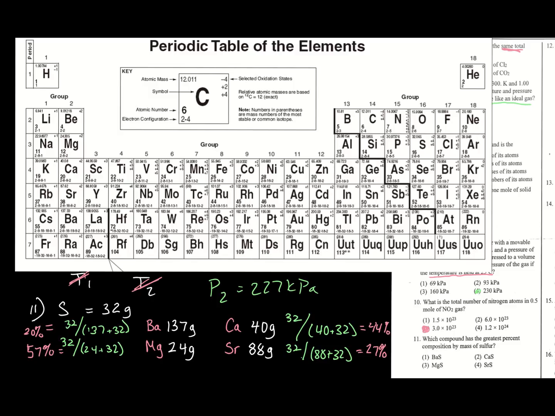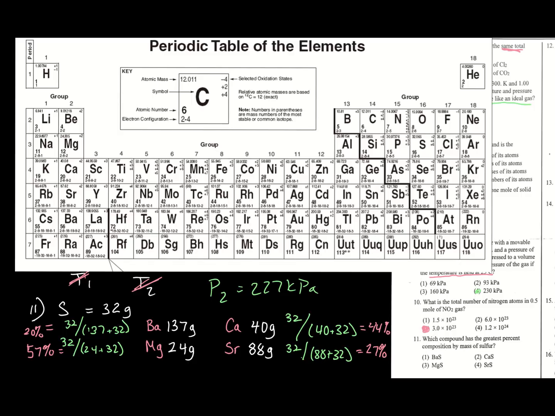If you look at each of these numbers, you'll see that barium is not our answer. I almost caught that. So it's actually magnesium. Magnesium is the one where sulfur has the highest, greatest percent composition. And if you look at the mass of magnesium, magnesium has the smallest mass. Compared to sulfur, sulfur will easily overpower magnesium, making sulfur the bigger element there.